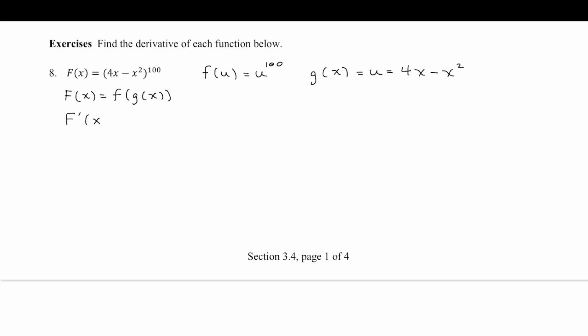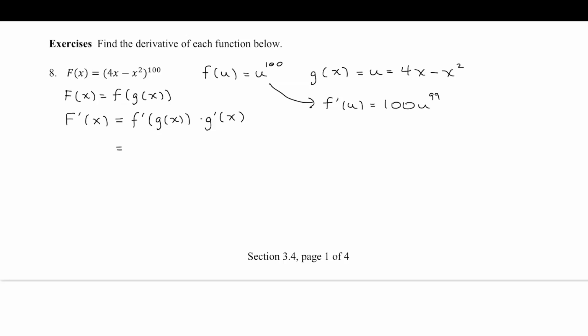So what it says up above, which again was copied and pasted out of your textbook, is that to take cap F prime, we have to take little f prime at g times g prime. So let's just go off to the side here. If f of u is u to the 100, then f prime of u is 100u to the 99 using the power rule.